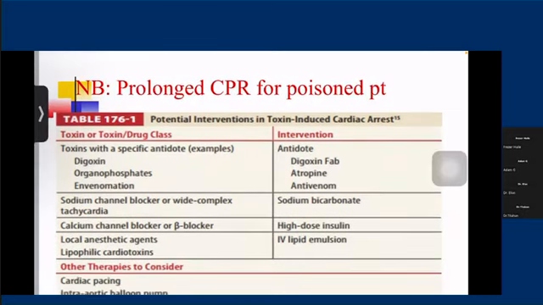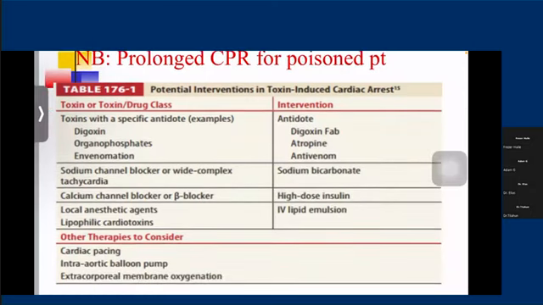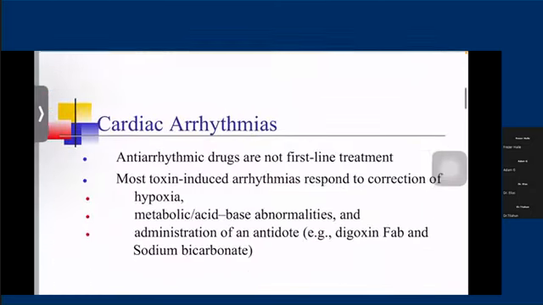So prolonging CPR is important for patients presenting with poisoning because of the patient epidemiology, which is usually young patients with no medical comorbidities. So the chance of recovering this patient is high, and we need to prolong the resuscitation. While resuscitating, we also have to consider giving an antidote if the poisonous agent has one. So considering an antidote is important.